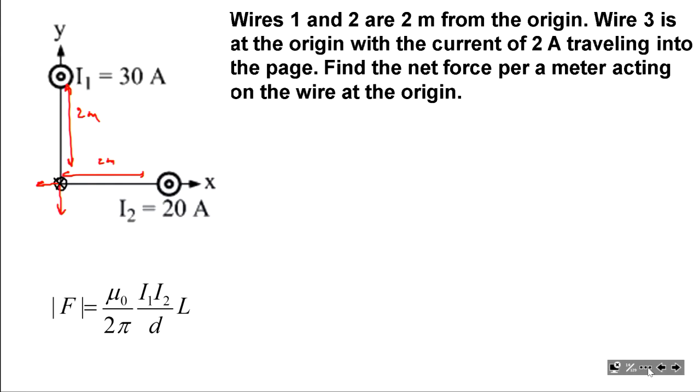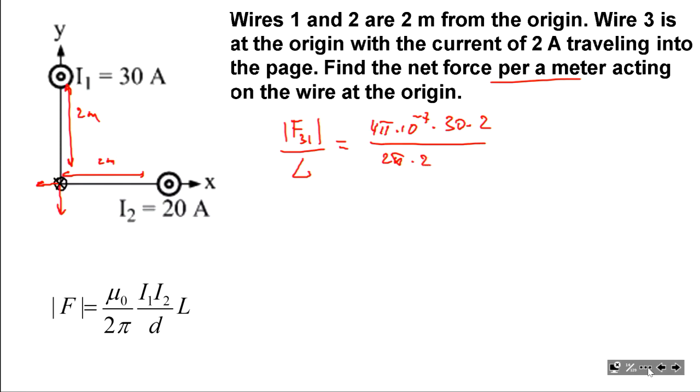Now we got to do a different type of geometry. But first, we have to calculate now each force. On 3 from 1 per meter. So, okay, 4 pi 10 to the negative 7th, current number 1, current number 2, 2 pi times 2.